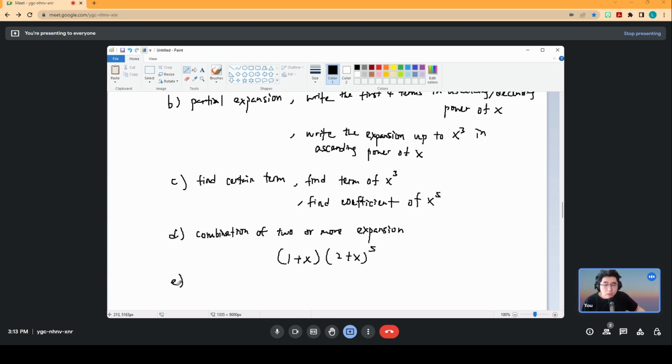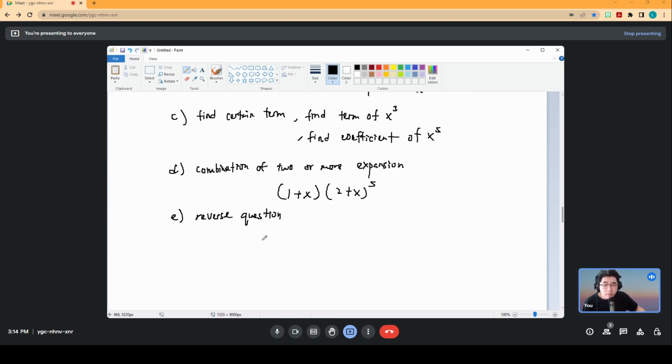E, you may have a reverse question, where reversely they ask you to do some calculation to find the answer. Then maybe there will be some approximation questions.